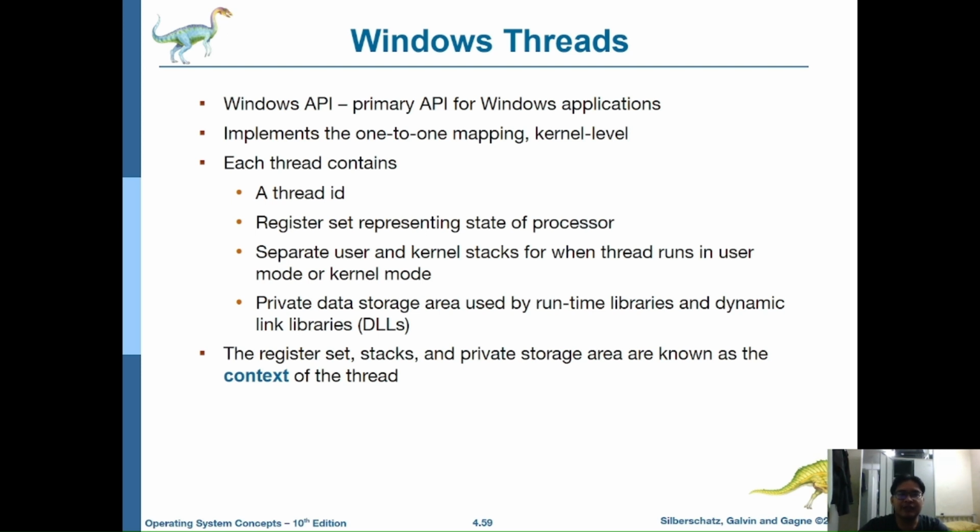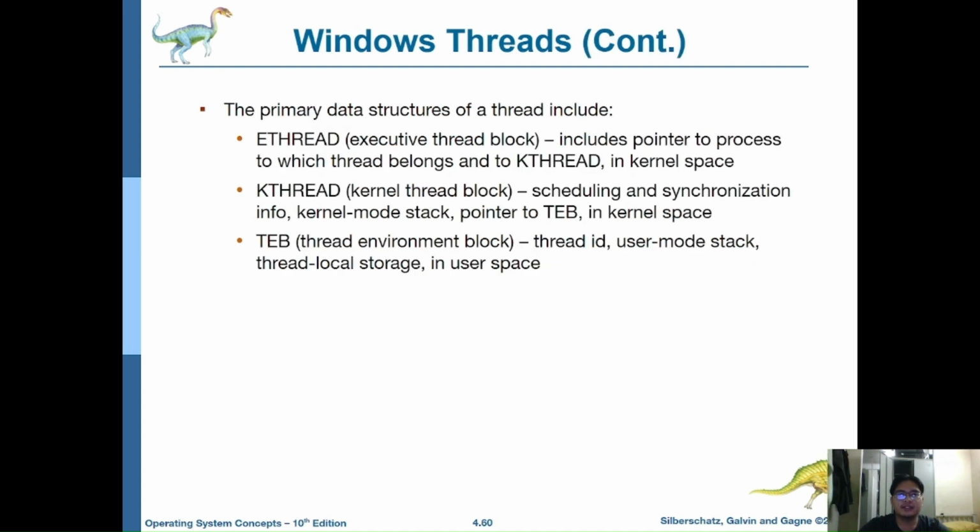The general components of a thread include a thread ID, uniquely identifying the thread, a set of registers representing the status of the processor, separate user and kernel stacks for when the thread runs in user mode or kernel mode, and lastly, a private data storage area used by runtime libraries and dynamic link libraries (DLL). The register set, stacks, and private storage area are also known as the context of the thread. Next, there are three primary data structures of a thread: ETHREAD, KTHREAD, and TEB.